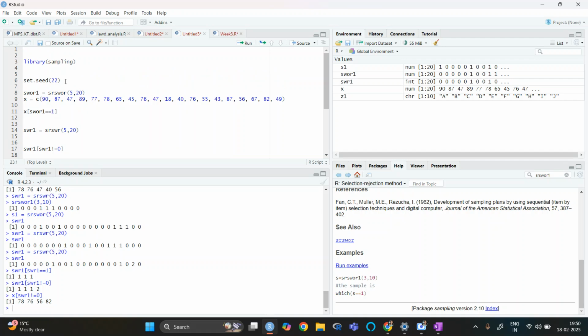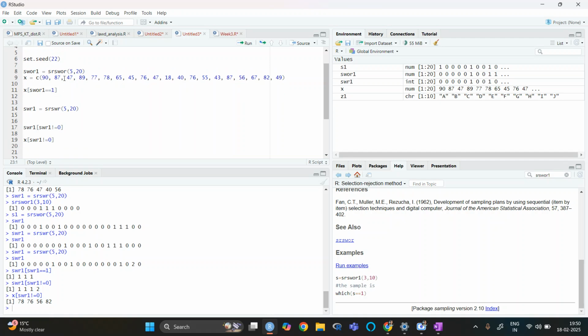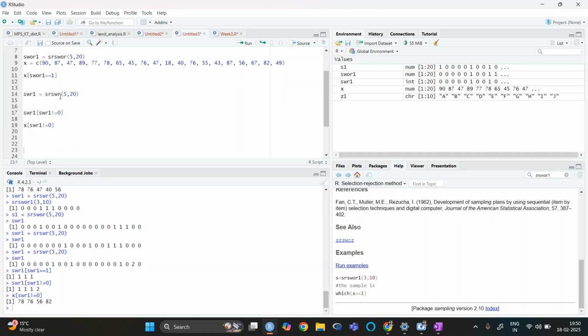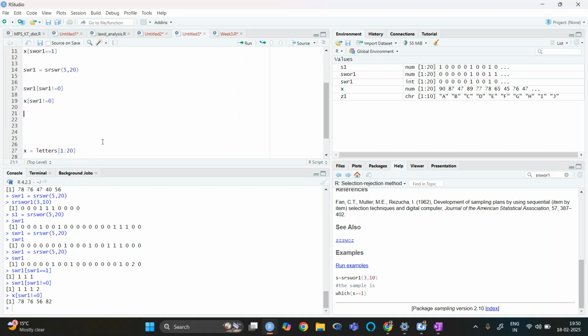Otherwise, if we want to take different samples, then we will not use it. We have taken SRSWOR for without replacement, and second one SRSWR for with replacement, and this one is to take the data entry, to see whether the indices have come or not.